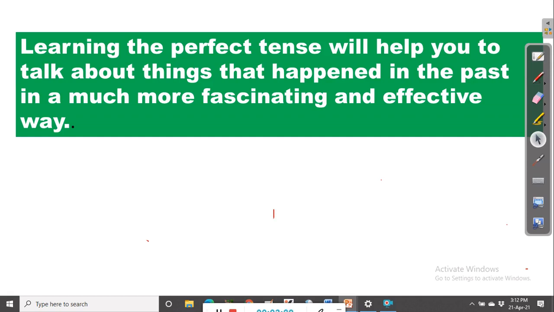Because from the example given, you will see that sometimes we need to talk about 2 or more things that happened in the past, and then the past perfect tense enables us to express these actions in sequence, this sequence of events, and we can indicate which action came first and which one came second. The past perfect tense enables us to do this with greater clarity.